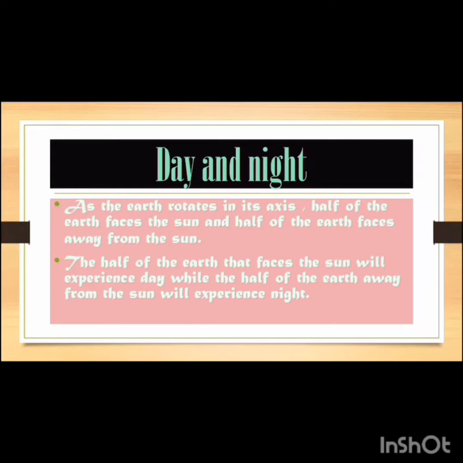The side facing away is cooler and darker and experiences night because the earth is constantly spinning. The line between day and night is always moving around the planet. A day on the earth lasts 24 hours. That is how long it takes for the planet to spin around its axis once.